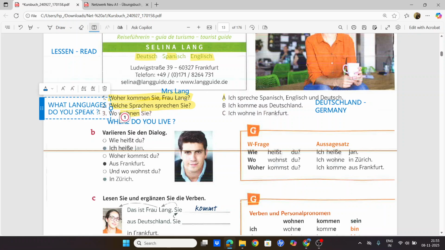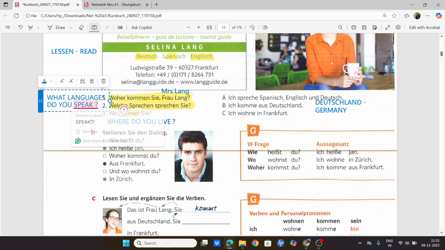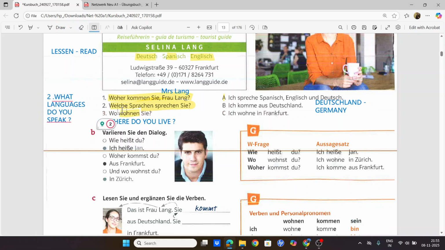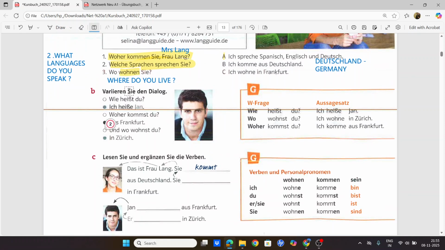So which language do you speak? This is the second question, and this is the right way. What languages do you speak, and where do you live?